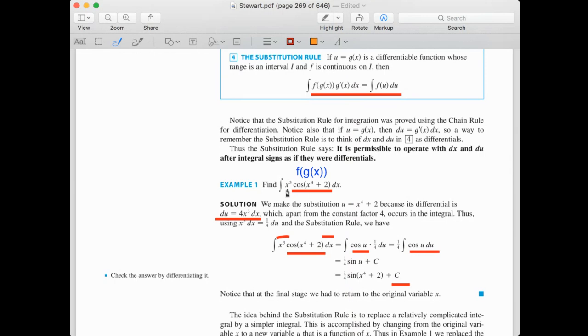We're missing a 4 there, so when we anti-differentiate, we compensate with 1/4. Usually, when we do substitution, we let g be u. Once we figure out f of g, we let u substitute for the g part. So this is what people call u substitution.